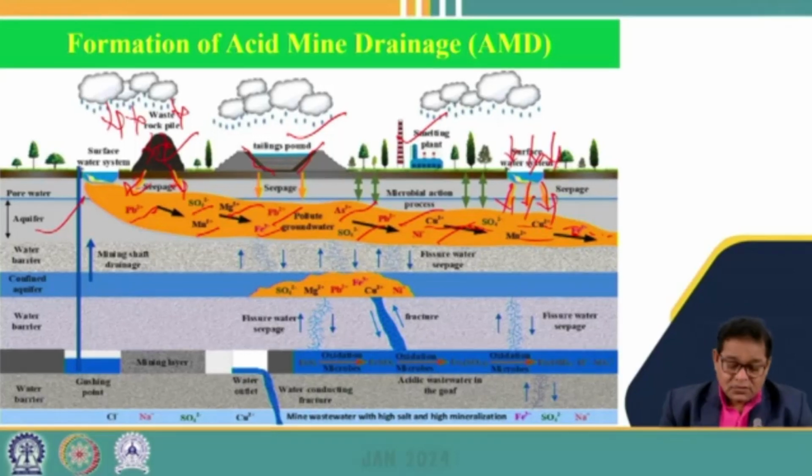surface. So this is the aquifer, and then there are confined aquifers which are underlying between two impermeable barriers. These are treated as a water barrier.